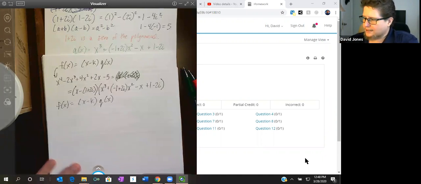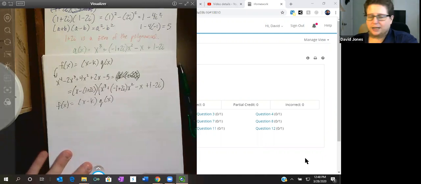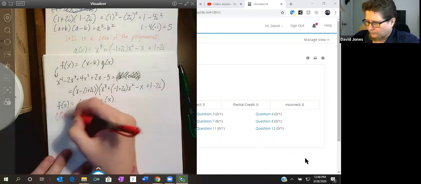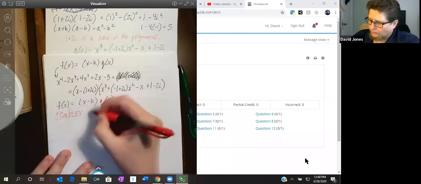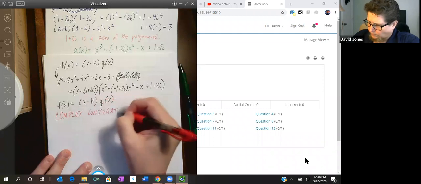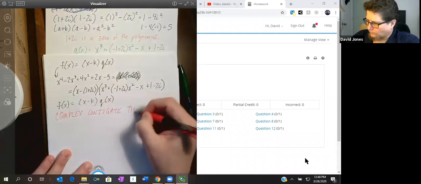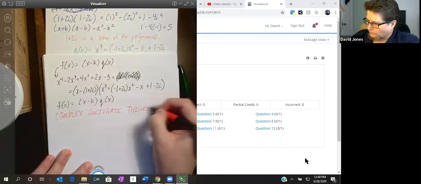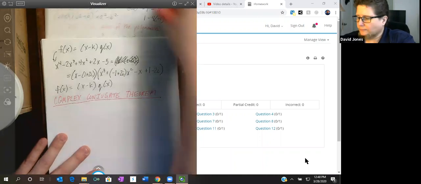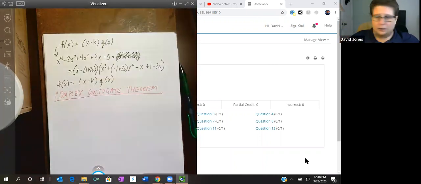So this leads to something that's really neat. This is called the Complex Conjugate Theorem. And it goes like this.